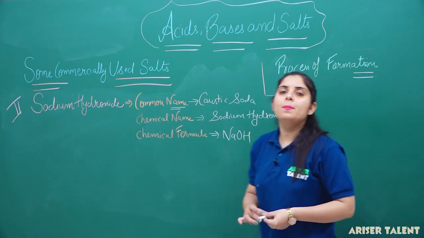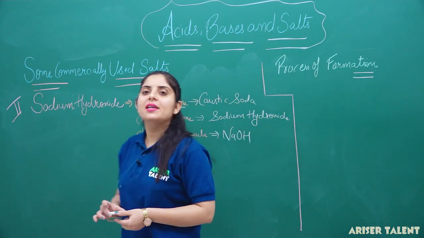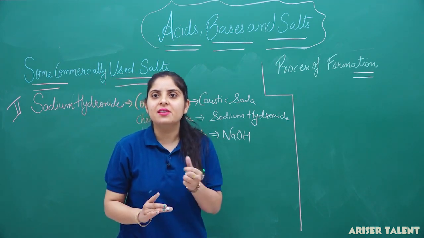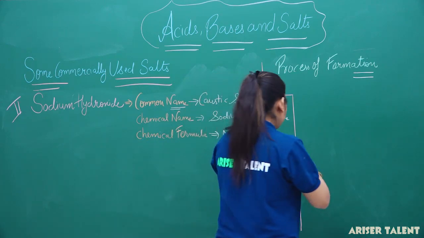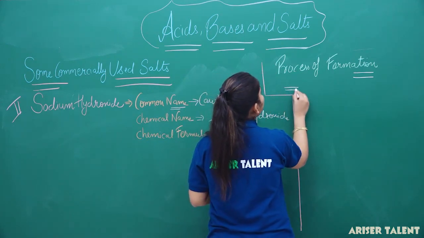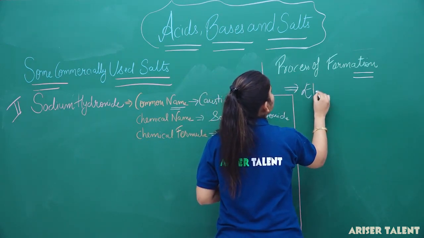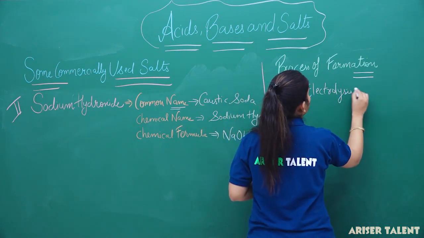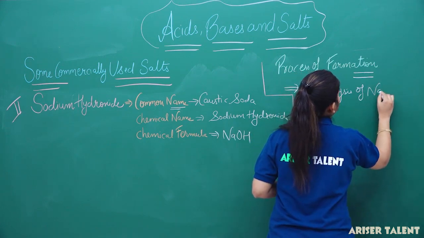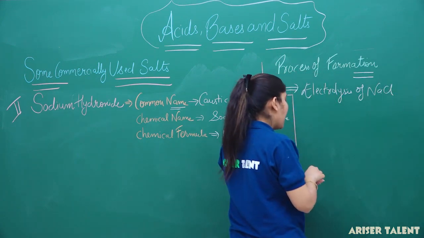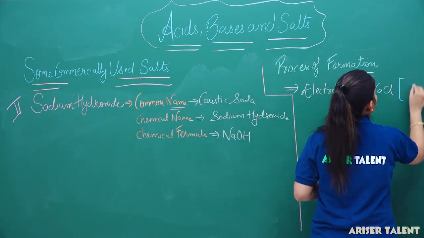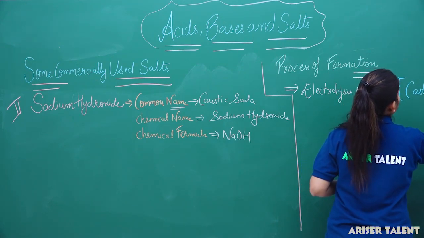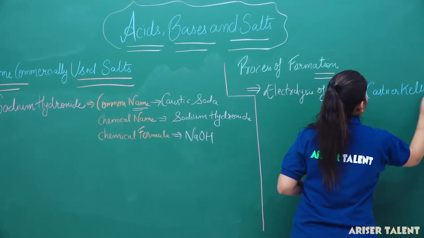Now, what happens in the process of the manufacturing of the caustic soda? As I have already told you, this reaction will take place in the Kastner-Kellner cell. So firstly, there will be the electrolysis of NaCl. This electrolysis of NaCl actually happens in the Kastner-Kellner cell.